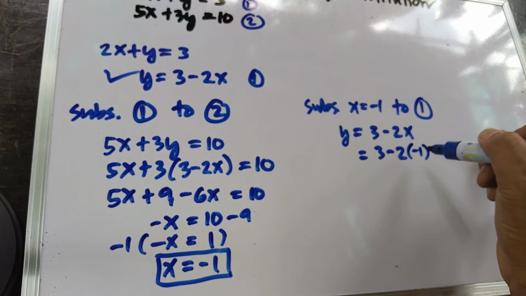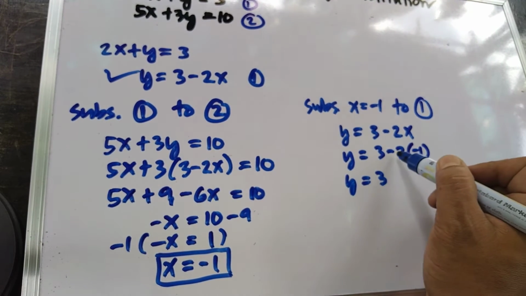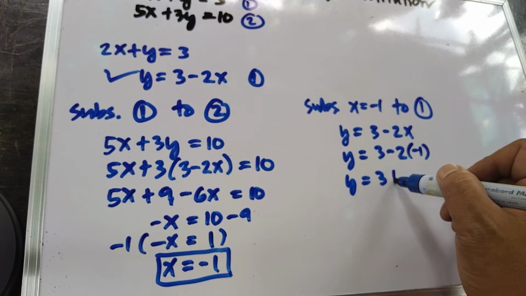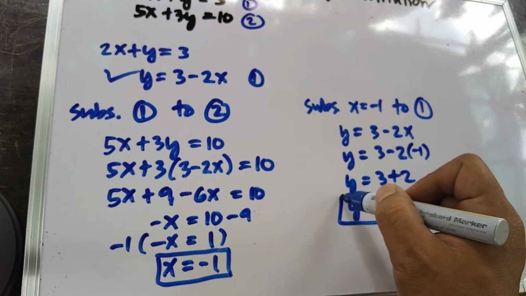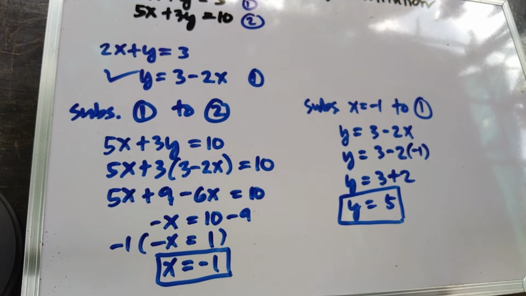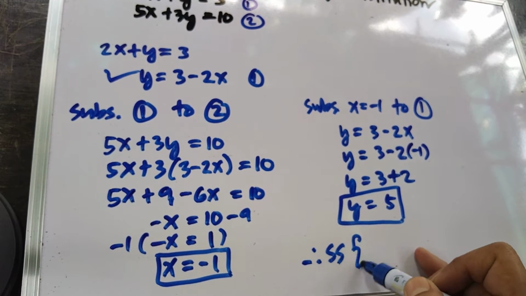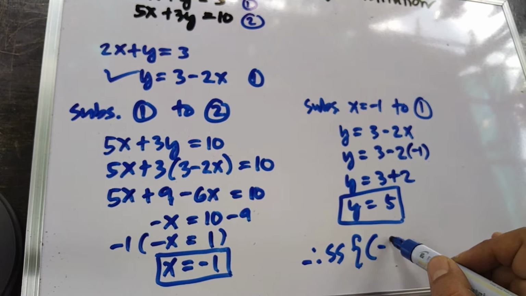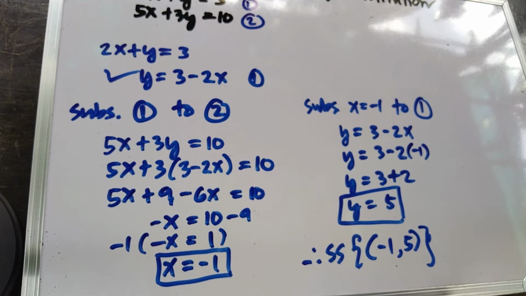Negative 2 times negative 1 is positive 2, so y is equal to 3 plus 2, which is 5. We checked this in our previous example. Therefore, the solution set is the ordered pair negative 1, 5. So solving by substitution is easy, class.